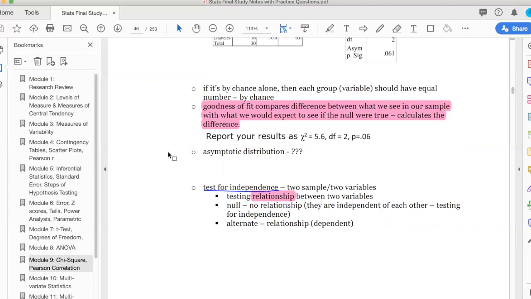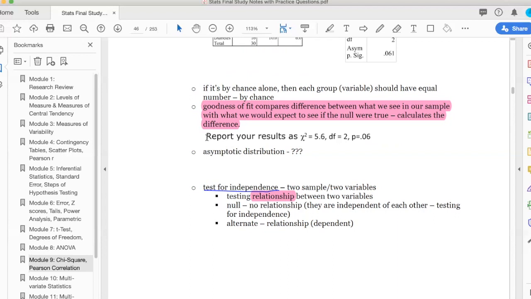So the goodness of fit compares the difference between what we see in our sample with what we would expect to see if the null were true. It calculates the difference between your sample and the proportion out in the world, or between your sample and if they were all equal, because you don't know the proportion out in the world.